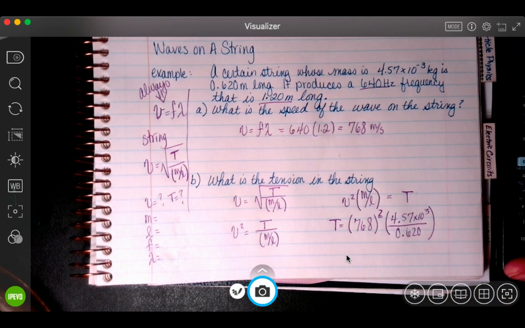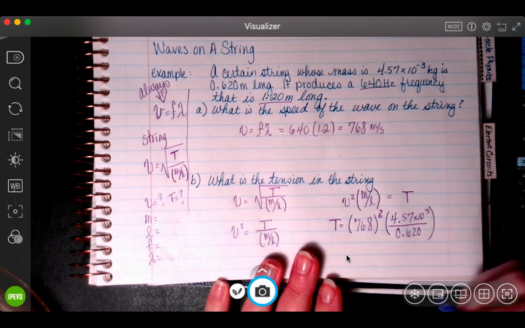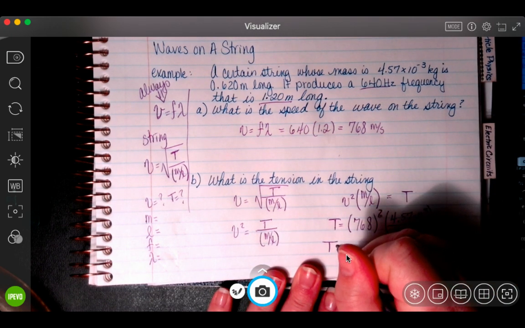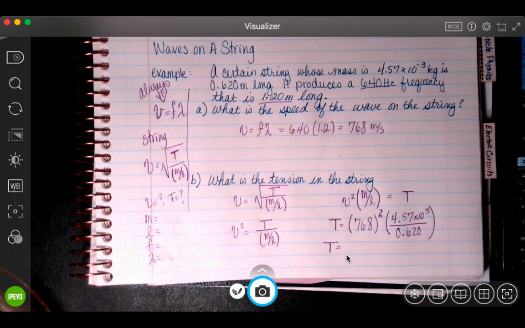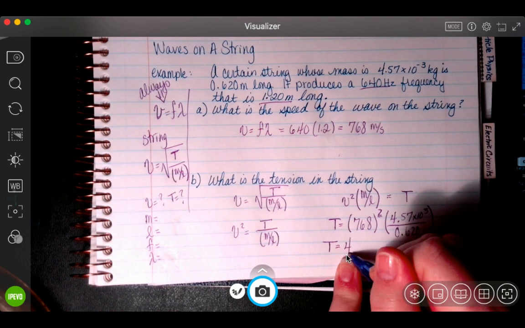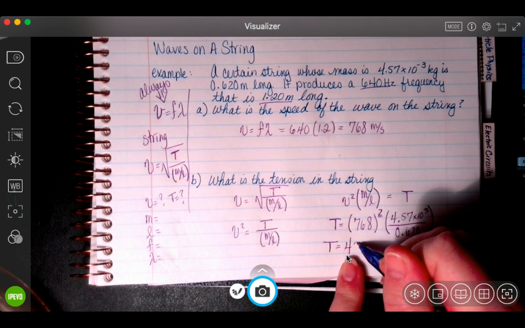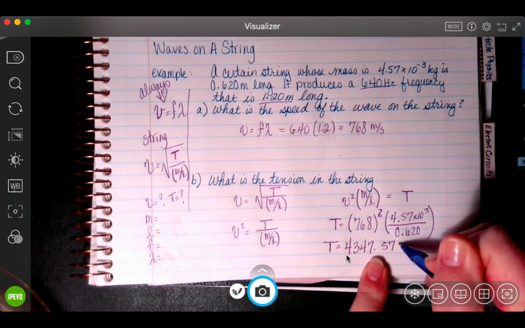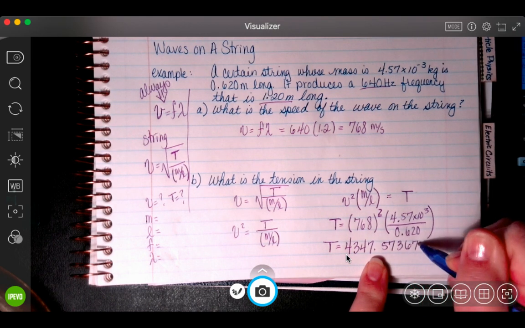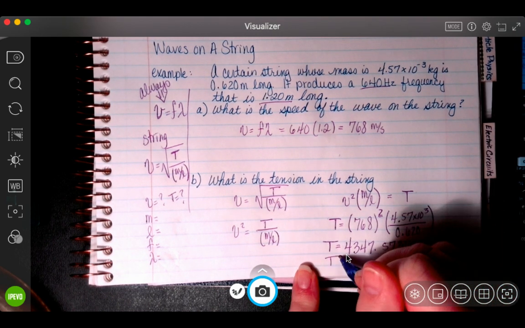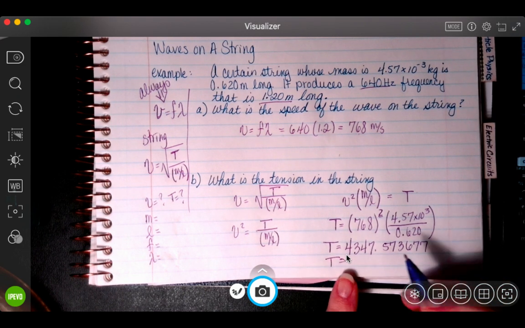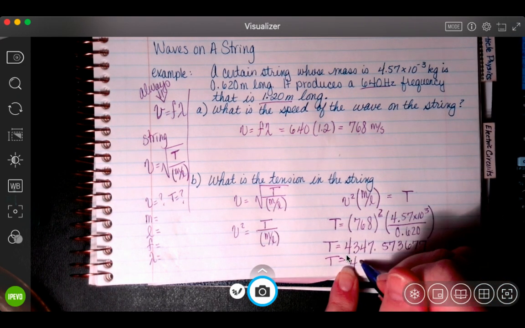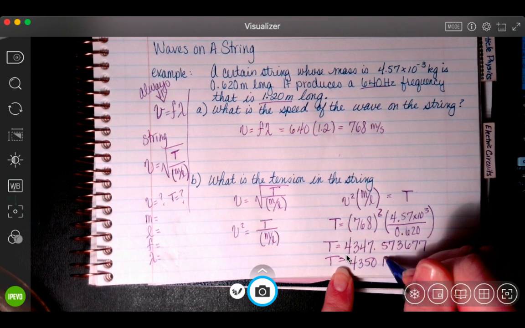And again, with my calculator, it could be any calculator, because they're all going to do this. When I do that, I come out with a tension of 4,347.573677, or to three significant figures, the tension would be 4,350 newtons.